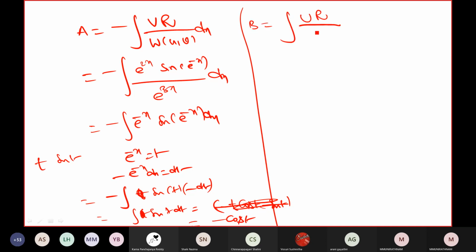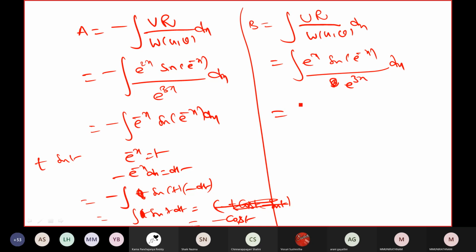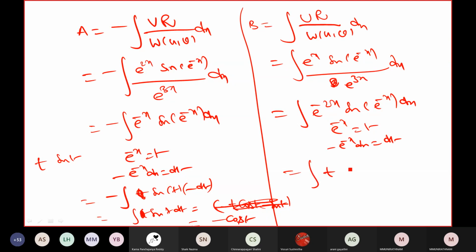Now we go for B. It is the integral of U into R by the Wronskian of U comma V. What is U? e power x. This will be t sin t dt, with a minus sign: minus t sin t dt.